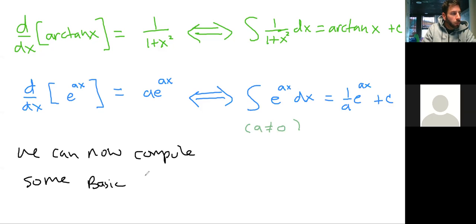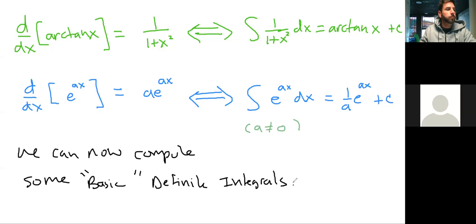So what we can do is we can compute some basic definite integrals now. Here's one of the things that we adopt. Again, we love tech, we love these conventions, and it's going to scare some of you, but it is what it is. It's useful to use a new shorthand.